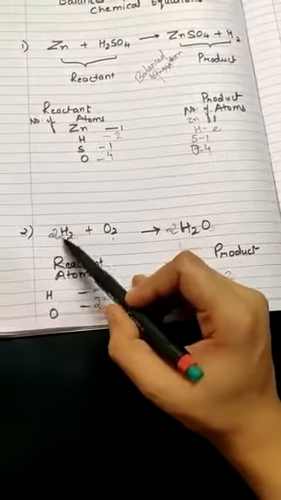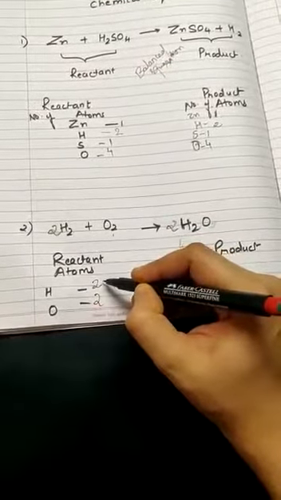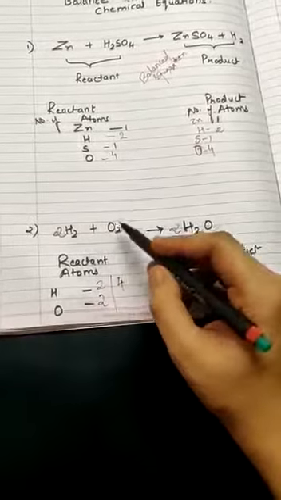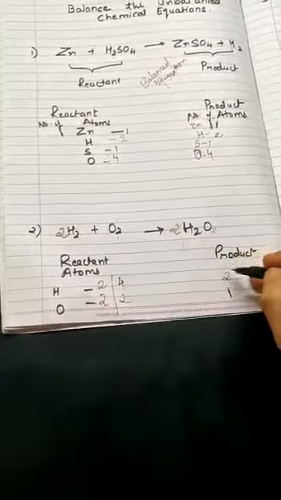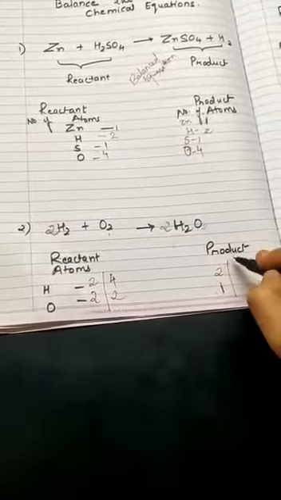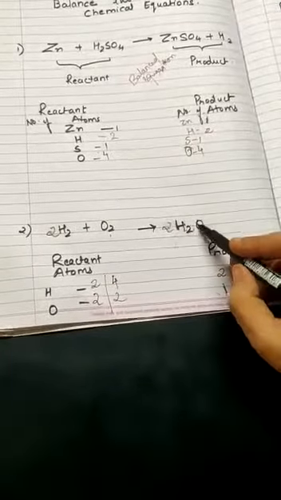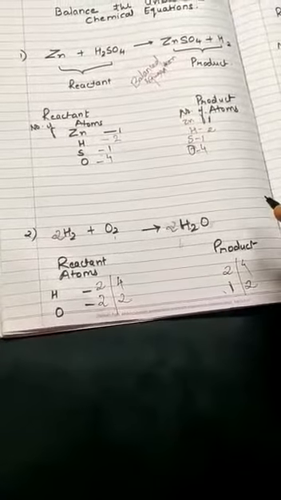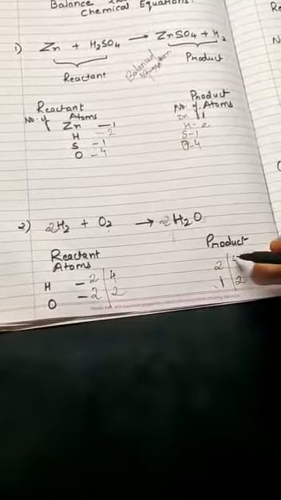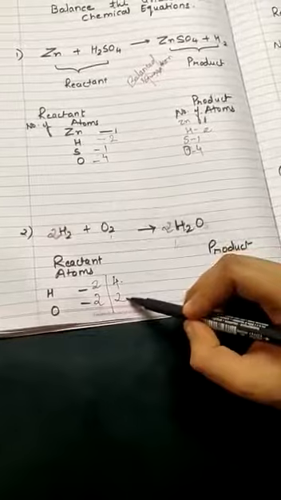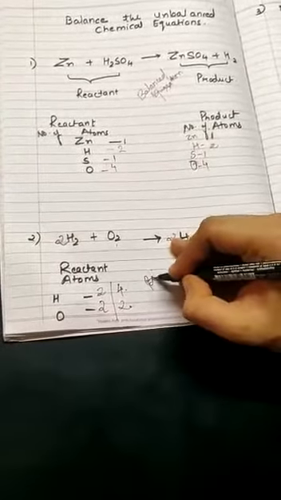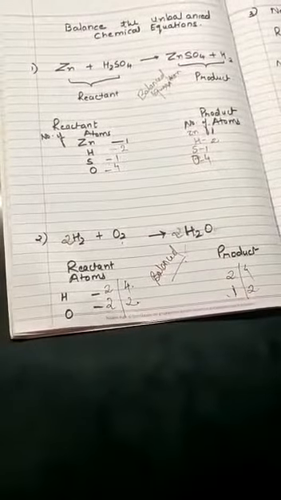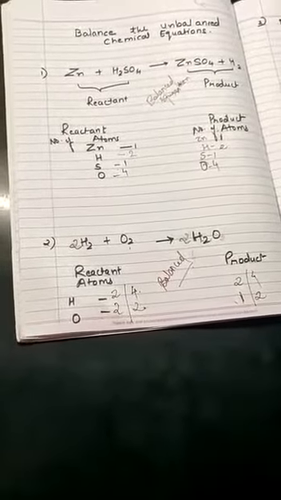So we have 4 hydrogen over here. Let's make another column after balancing it. It's 4 hydrogen and 2 oxygen. Here 2 into 2 is 4 hydrogen, 2 into O is 2 O, so here it's 2 oxygen. So this is also the same, this is also the same. Hence this equation is again balanced.